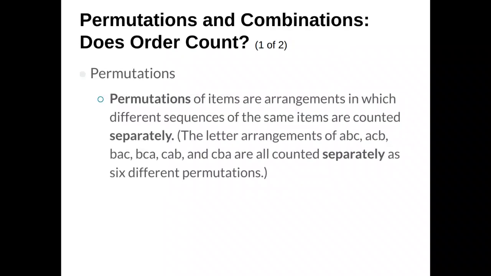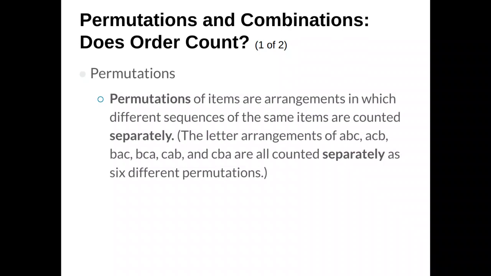All right. Now, before we get into our third counting rule, we want to talk about the difference between a permutation and a combination. Okay. The big question you have to ask yourself is, does order count? Does it matter? Is it different to be first, second, and third? Or is it just kind of all a grouping? Okay. So a permutation is an arrangement of items in which different sequences are counted separately.